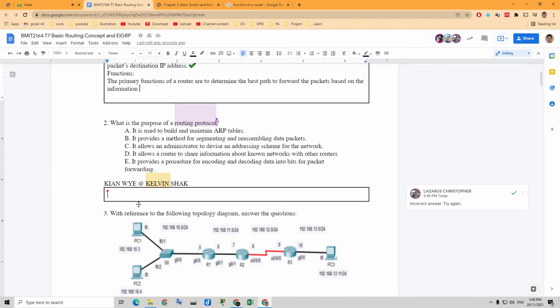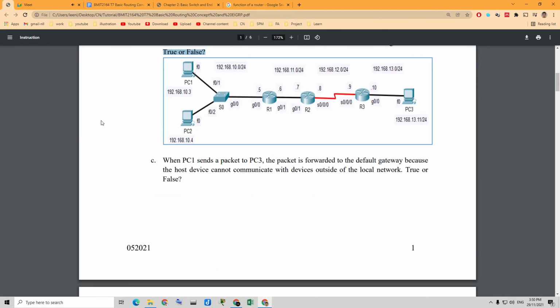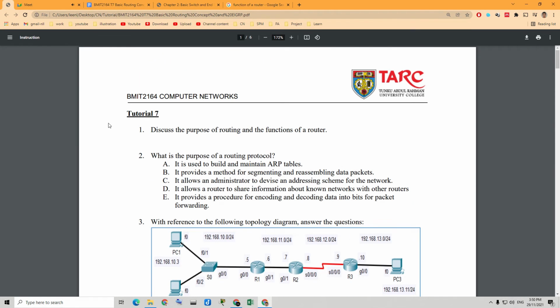So think about what we mentioned earlier on. There are 2 ways to update the routing table. One is static, one is dynamic. Static is where the administrator will update the routing table. Dynamic, how does the dynamic updating of the routing table work?